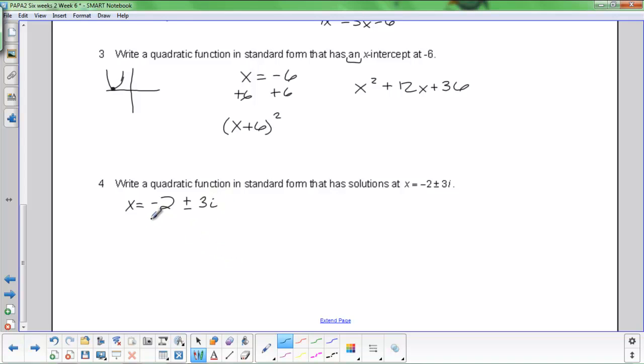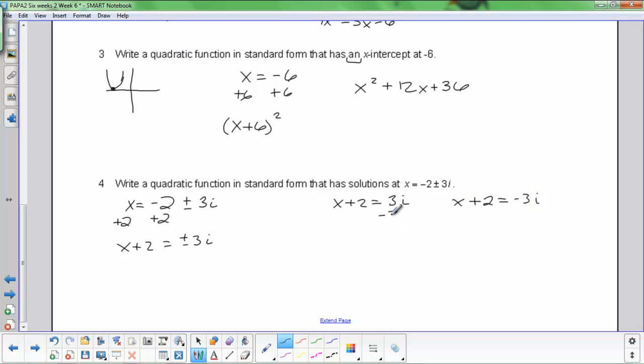Then we're going to move the 2 back to the other side using addition. We get x plus 2 equals plus or minus 3i. It's at this point that we write our two equations. Our first equation is going to be x plus 2 equals positive 3i, and x plus 2 equals negative 3i.